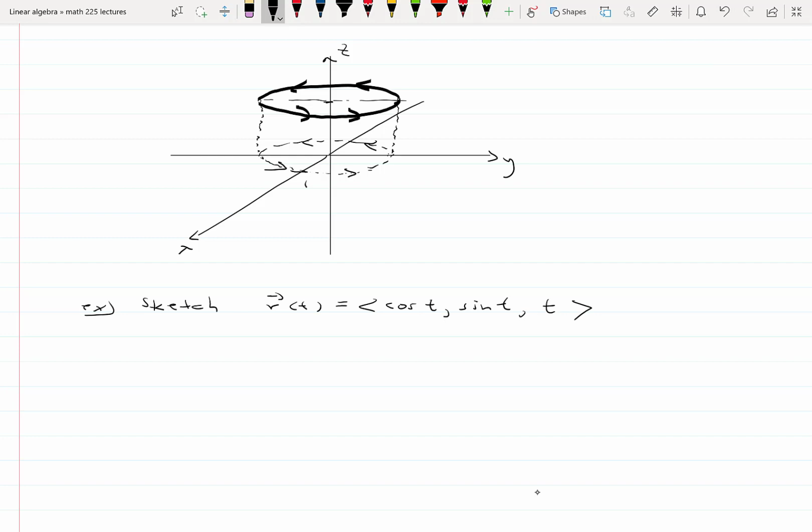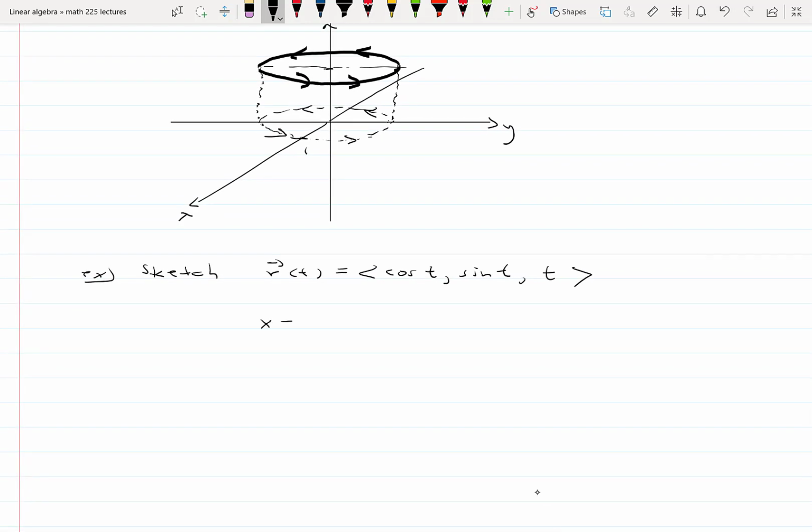Now, think about what this means. X equals cosine t, y equals sine of t. This says, again, that the x and y stay on the circle x squared plus y squared equals 1. But the z-value is changing with time, so we're not staying in some fixed plane, z equals 1 or whatever.